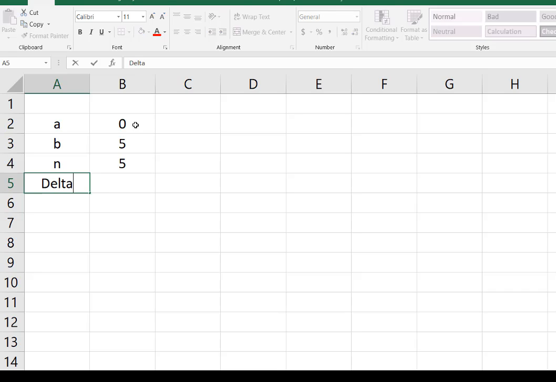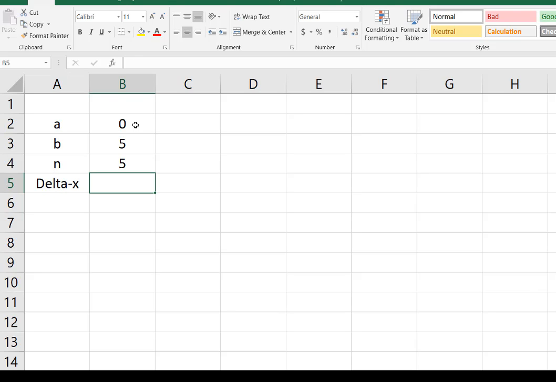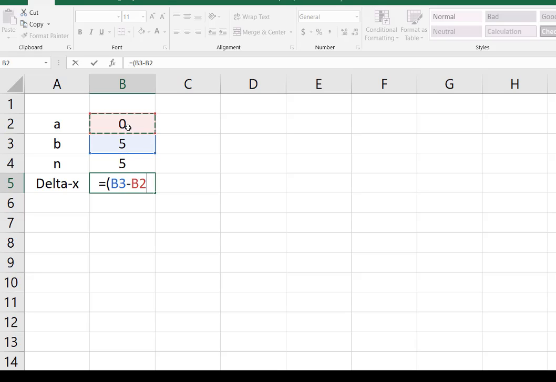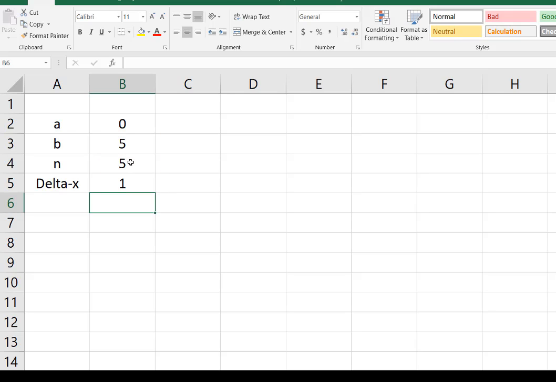And so that information can give us a resulting delta x. Delta x, the width of each partition, is by formula b minus a over n, or in Excel speak, it's this cell, B3, minus this cell, B2, over this cell, and as we already knew, our delta x is equal to 1.